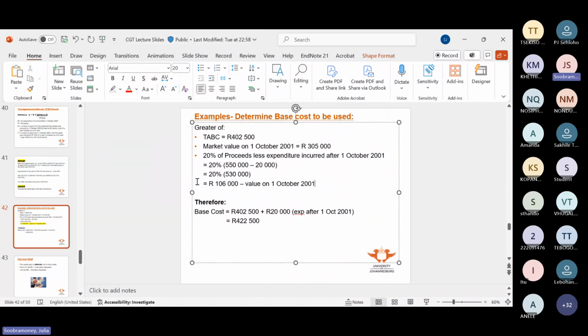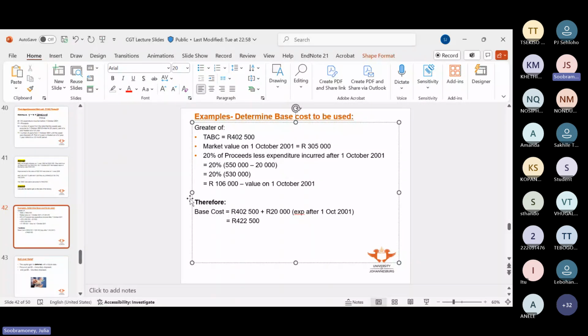Okay, before we determine final value, number one, which one is the greater one? Is it TABC, market value, or 20% proceeds? Which one will you choose as a student? TABC. Okay, correct, because it's the greatest one.